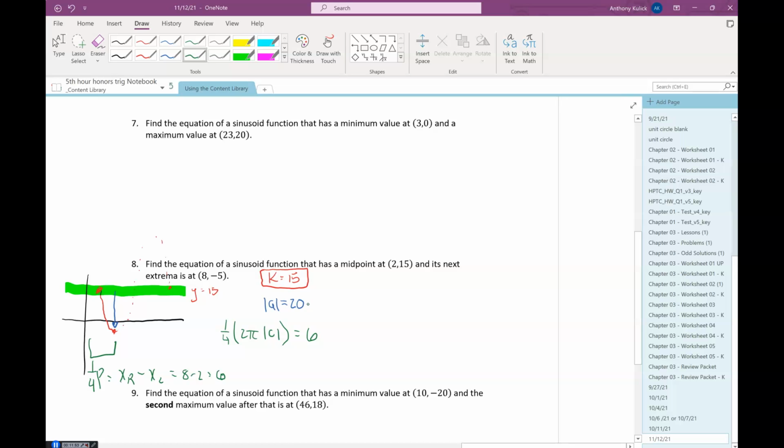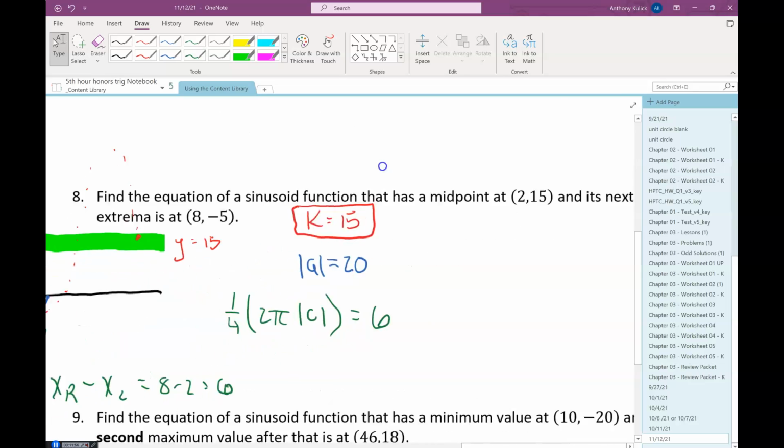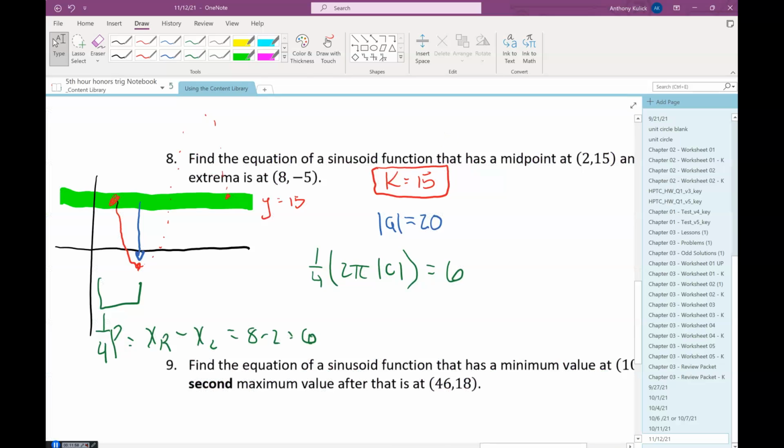Everybody's okay with that? So I'll just multiply the 1/4 and the 2. Multiply both sides by 2. Divide by pi, and then I'm always going to pick my c to be positive.